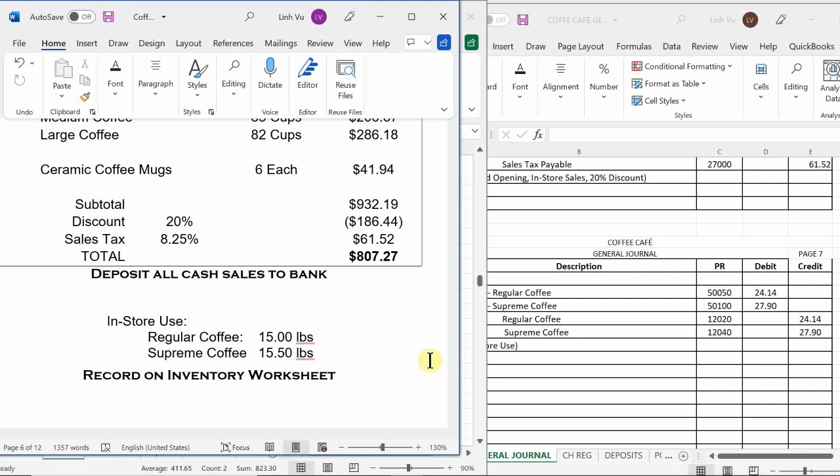So does that mean I have to do it every time I sell something? When do I actually know how many items I sell? At the end of the month, at the end of the given accounting period. So in this case, mine is at the end of the month. Do I need to keep track of my cost of goods sold for the ceramic coffee mugs? No, because I have periodic inventory.